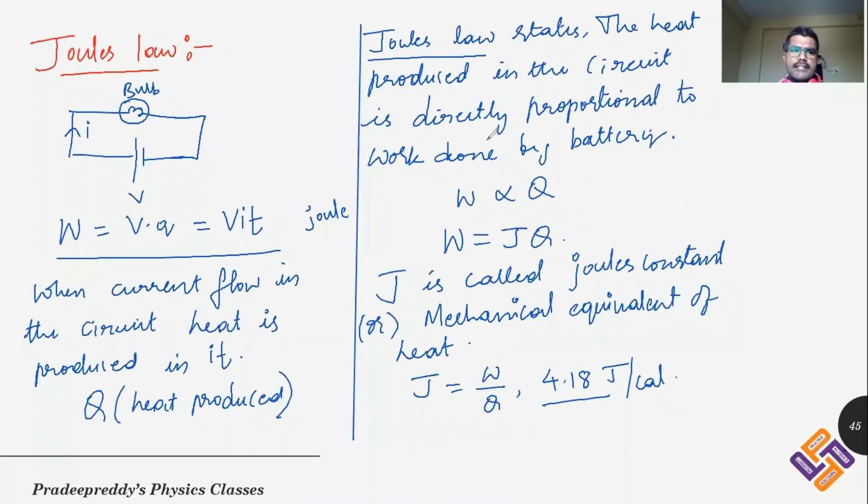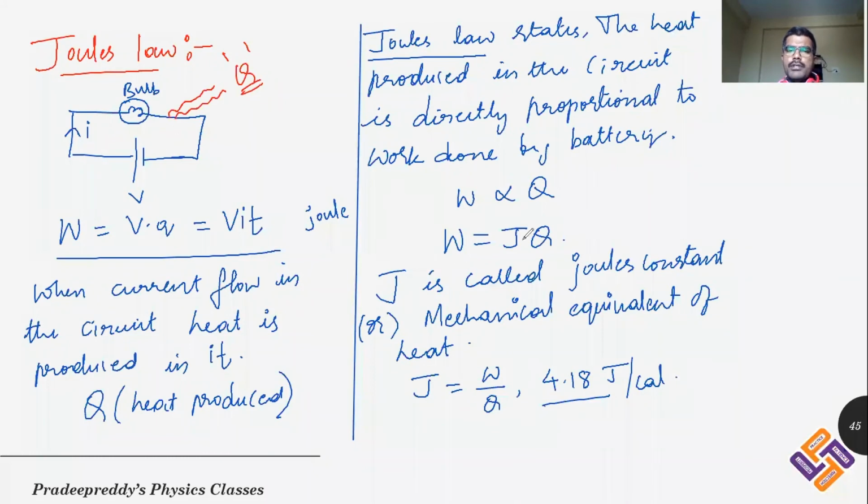What does Joule's law state? Here in this circuit there will be some amount of heat produced, which I am considering as Q. The amount of heat generated in the circuit depends on the work done by the battery. The more the work done, the more the heat flow.